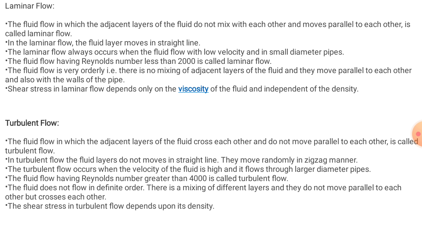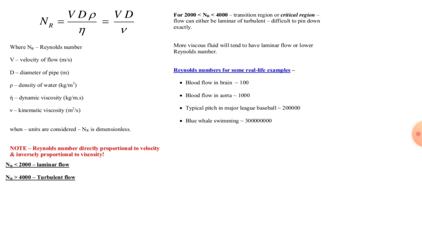Turbulent flow occurs when the velocity of the fluid is high and it flows through larger diameter pipes. Fluid flow having Reynolds number greater than 4000 is called turbulent flow. The fluid does not flow in definite order. There is mixing of different layers, and they cross each other. The shear stress in turbulent flow depends upon its density.